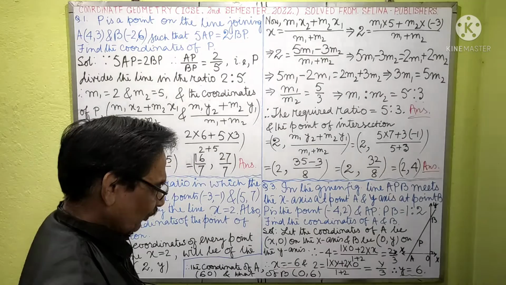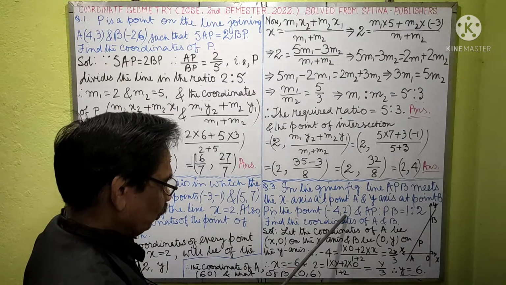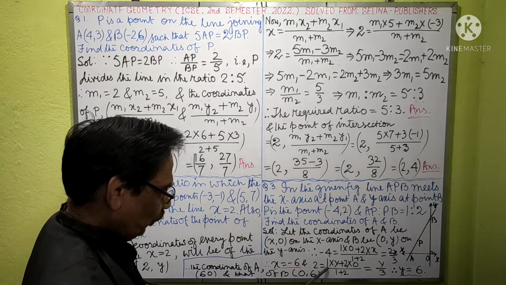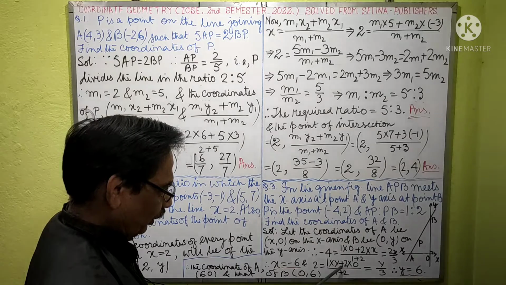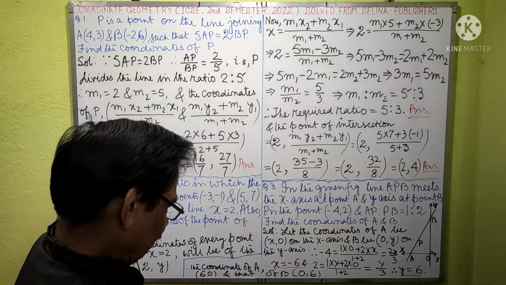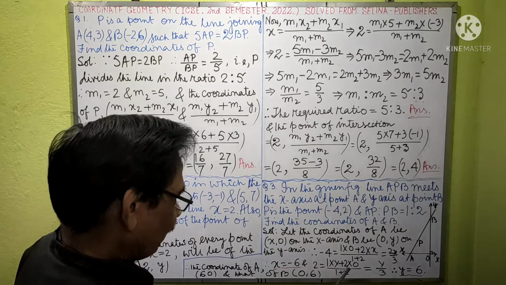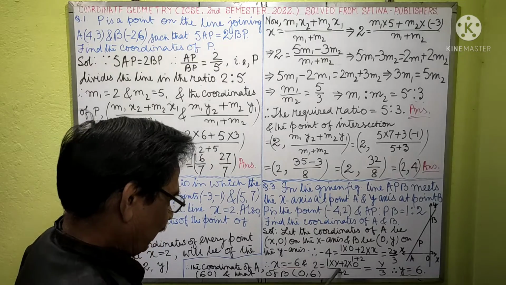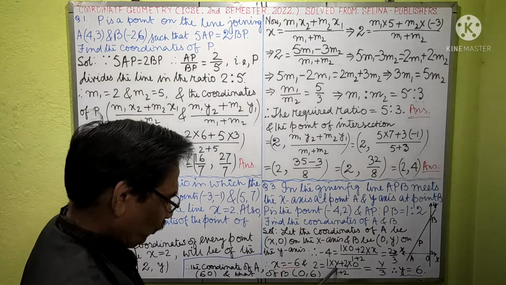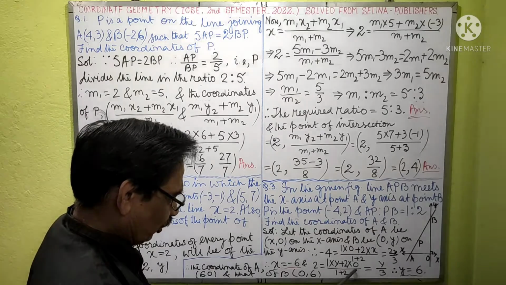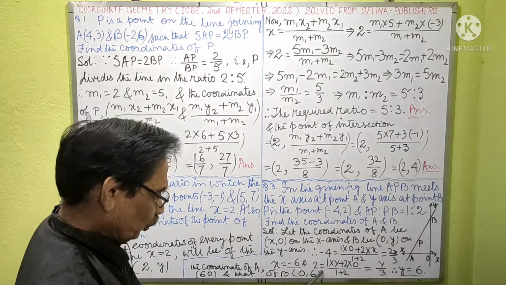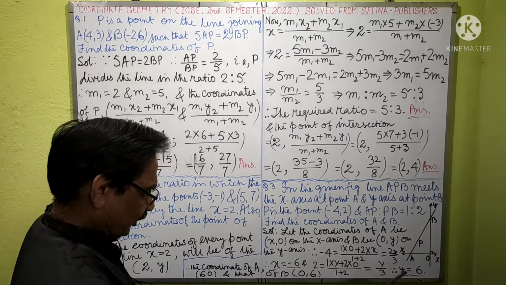And again, the other is 2, the y coordinate. So 2 equals (1 into y plus 2 into 0) by (1 plus 2), because the value of y for A is 0. So y by 3 equals 2, therefore y equals 3 into 2, that is 6.